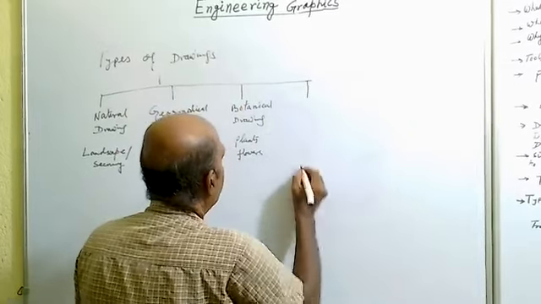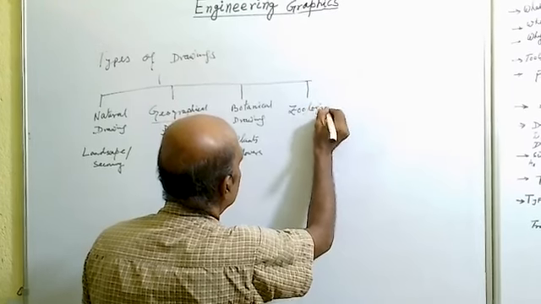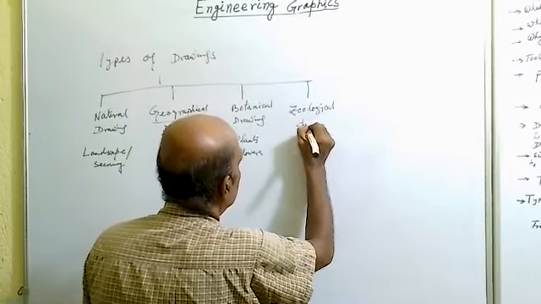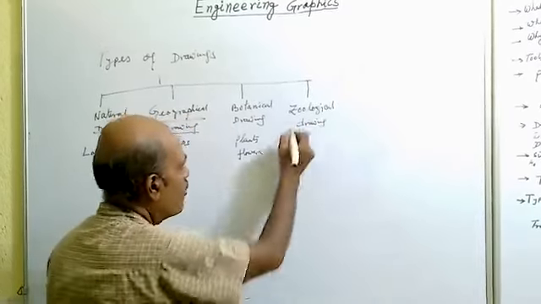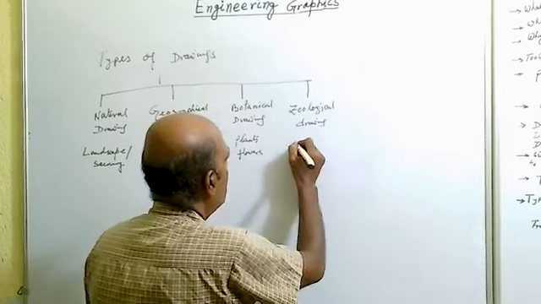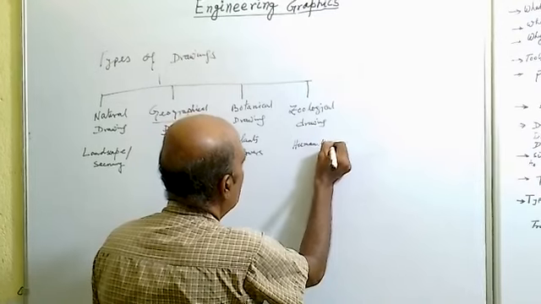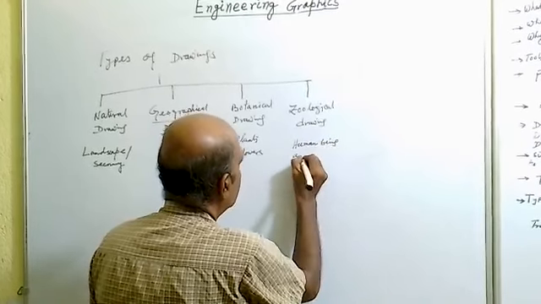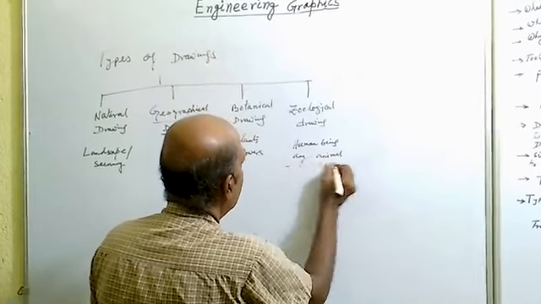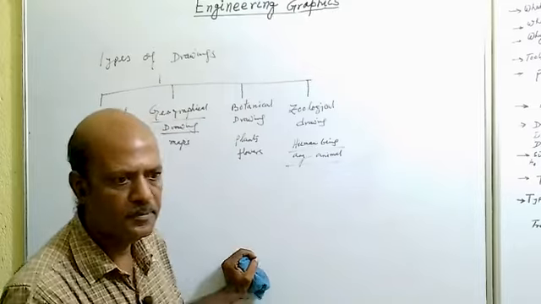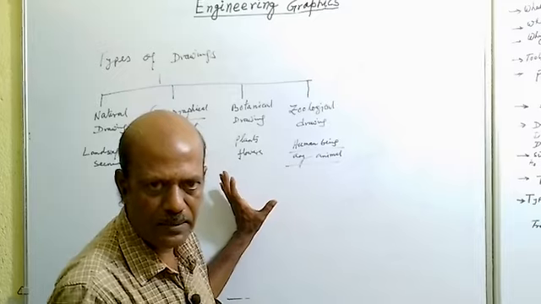And the next kind of drawing is zoological drawing. In this, the drawing of a human being or any animal comes under zoological drawing. So these two we have seen in our biology subject.